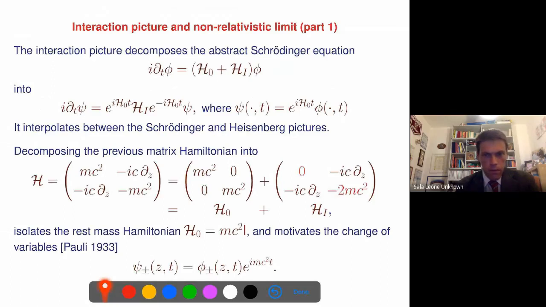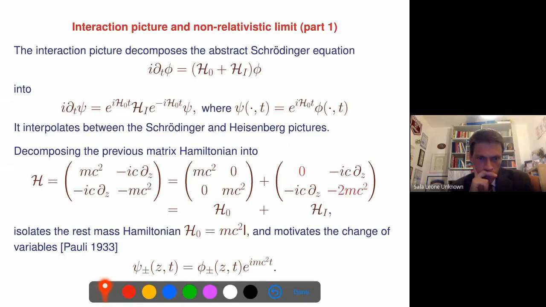If I apply this to my previous system, I can pull out the relativistic rest energy to give myself a diagonal Hamiltonian, so that commutes with everything, which is nice, and I get a bit left over, which has got a 0 in the top left entry. It's got the spatial derivatives, and it's got this nasty looking big term down here. But more about that in a moment.